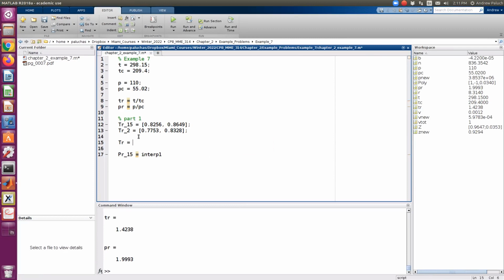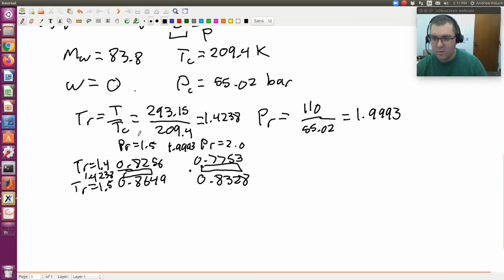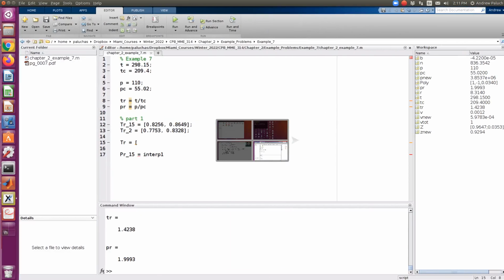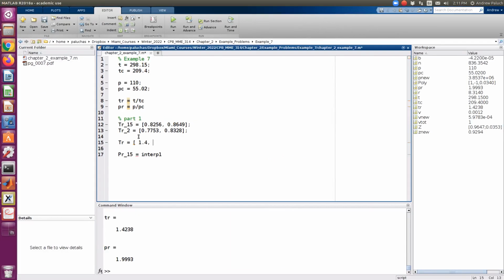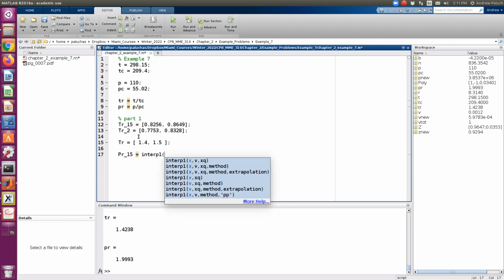So now I need a vector of my reduced temperatures, which is 1.4 and 1.5. Okay, so I'm going to interpolate in that first column. So interp 1. So my x variable will be my reduced temperature.